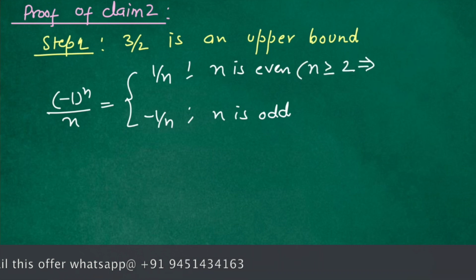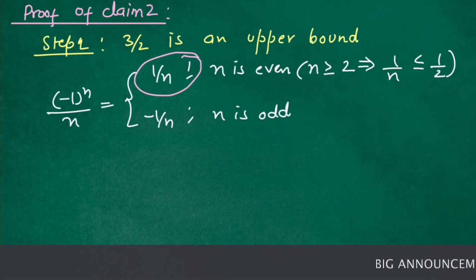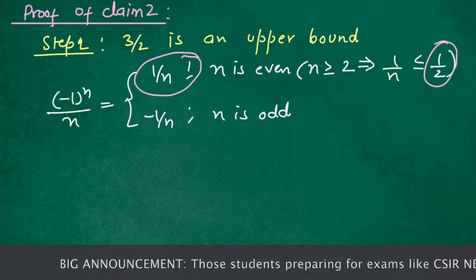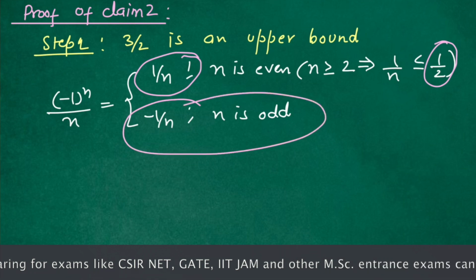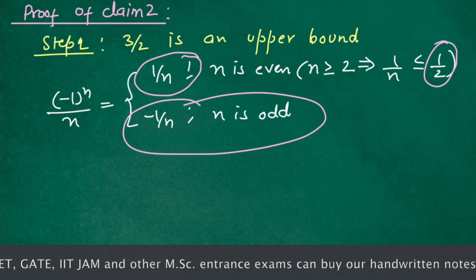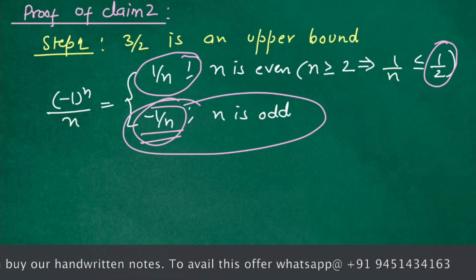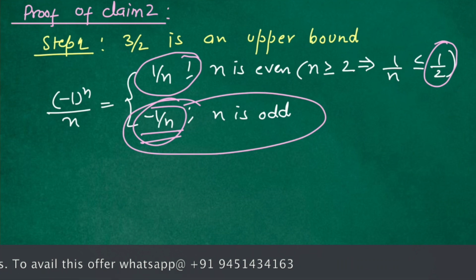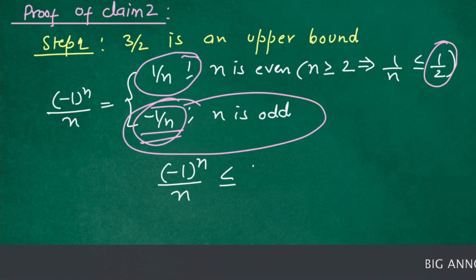So from here we can say 1 over n is less than or equal to 1 over 2. That means all these members when n is even will be less than or equal to 1 by 2. And these members when n is odd will also be less than 1 over 2. Why so? Because this is a negative value, and a negative value will always be less than a positive value. So in general we can say that minus 1 raised to power n over n will always be less than or equal to 1 over 2.